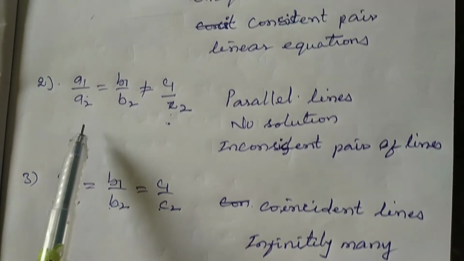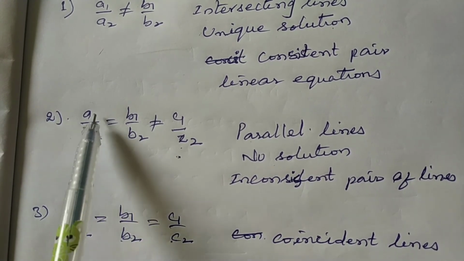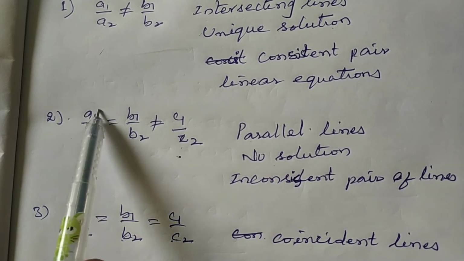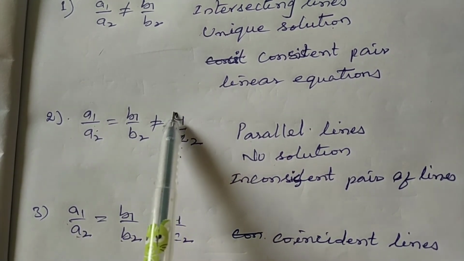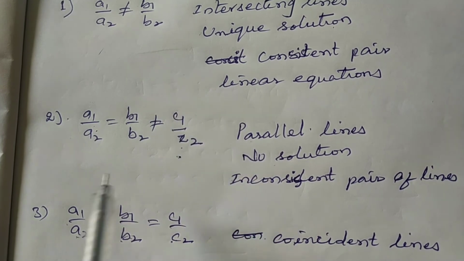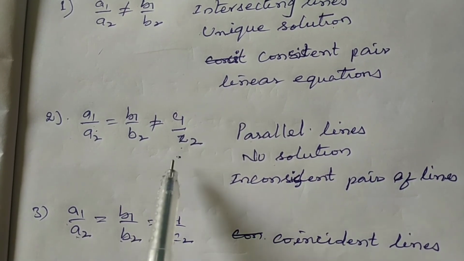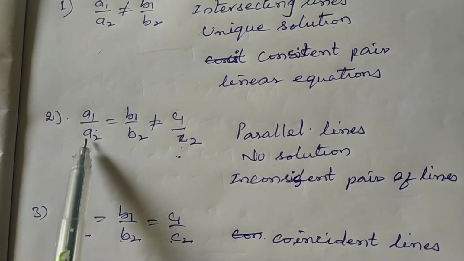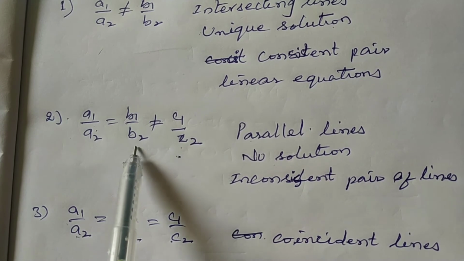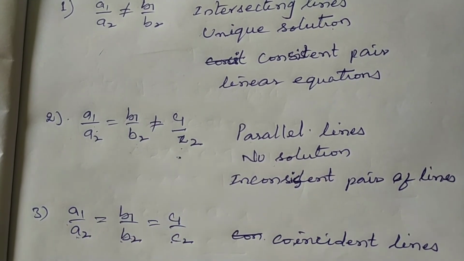Here in the second condition, parallel lines: in parallel lines, the ratio of x coefficients and the ratio of y coefficients are equal, but the ratio of constants is different. Therefore, whenever we take two parallel lines, they differ only in the constants, and the coefficients of x and y are the same or in the same ratio.